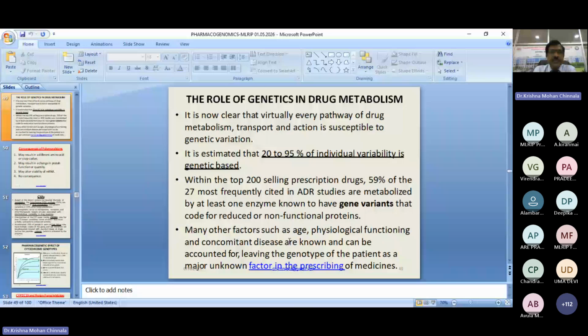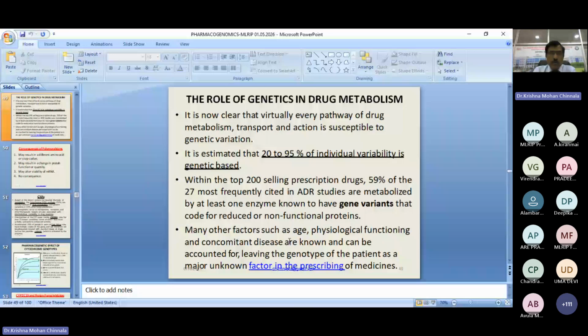Okay, it is now clear that virtually every pathway of drug metabolism, transport, and action is susceptible to genetic variation. Within the top 200 selling prescription drugs, 59% of the 27 most frequently cited in adverse drug reaction studies are metabolized by at least one enzyme known to have genetic variations, gene variants that code for reduced or non-functional proteins.